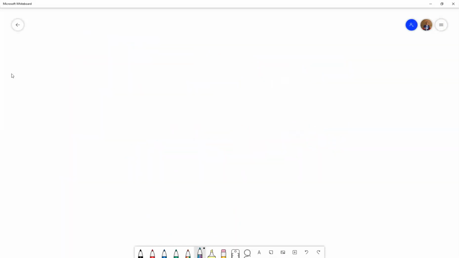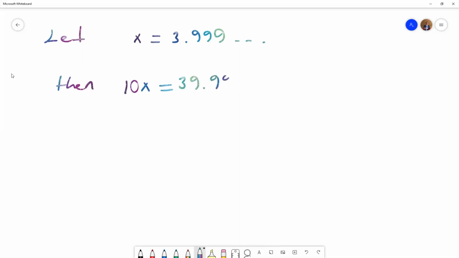First of all, we are trying to find this x, 3.999, it goes to infinity. And then let's multiply x by 10. So we find 39.999, it goes like that.